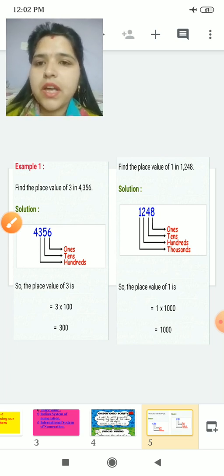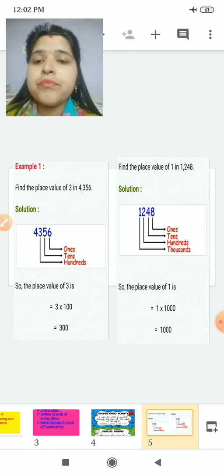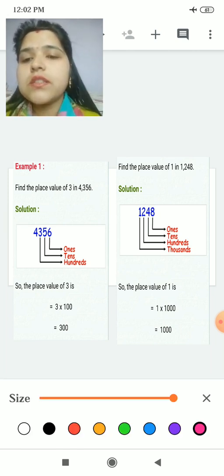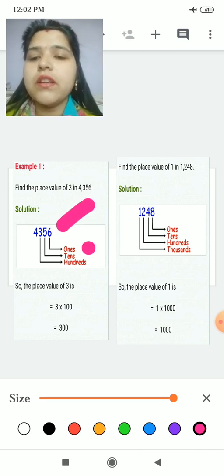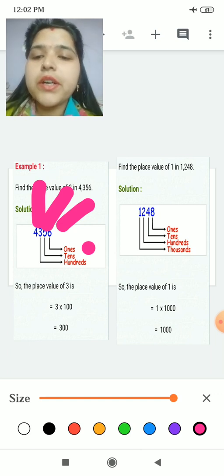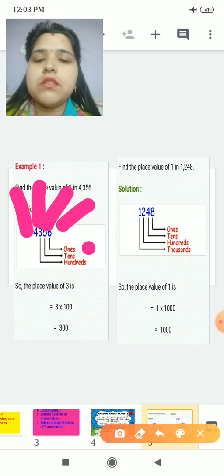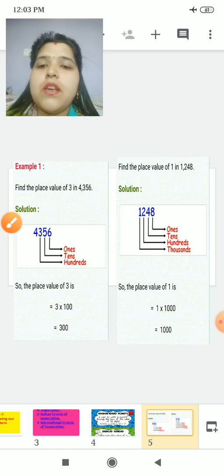Again I am repeating. Okay, I will do the second question. Okay class, see, the second question is: find the place value of 1 in 1248. We have to find its place value. See, 8 is ones, 4 is tens, 2 is hundreds and 1 is thousands.